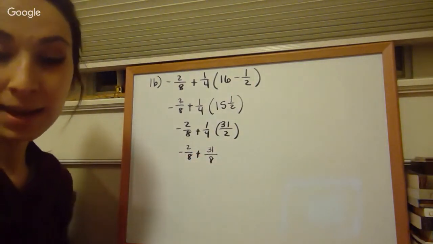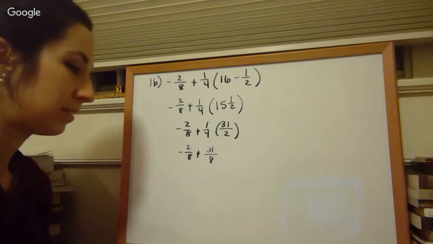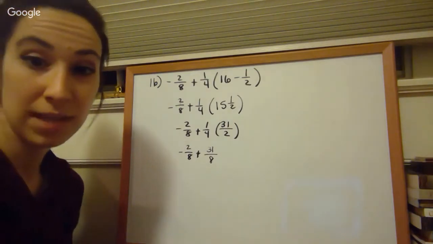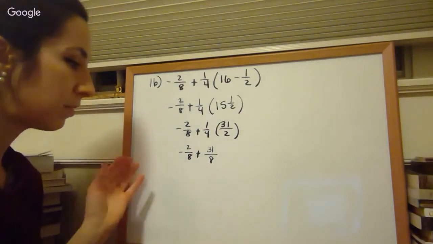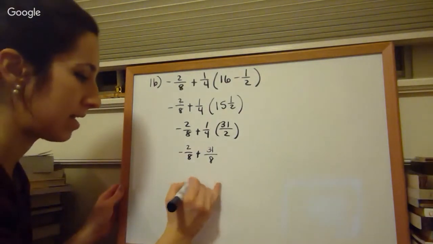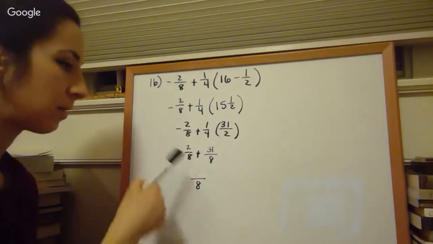Okay, now we're adding fractions, and the denominators are the same, which is what you would need when you're adding fractions. So we would leave that denominator as 8 and combine the numerator.